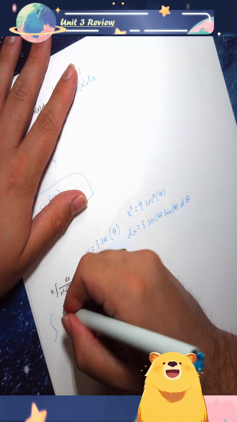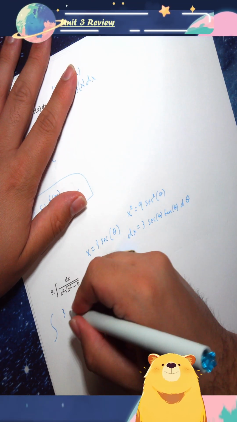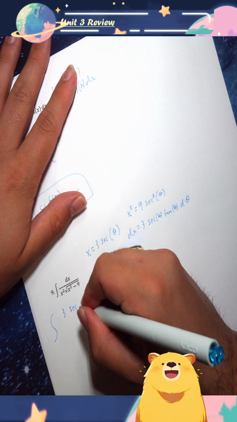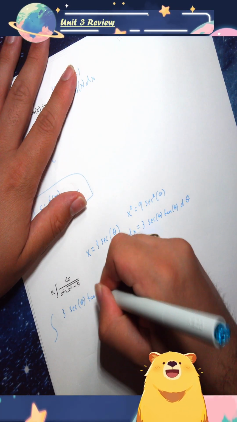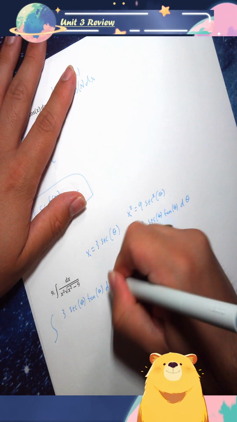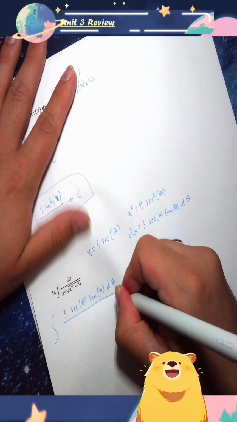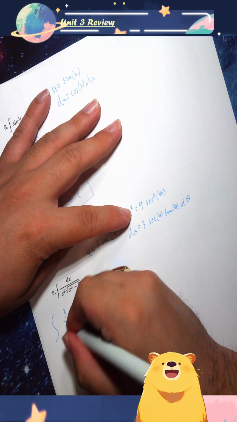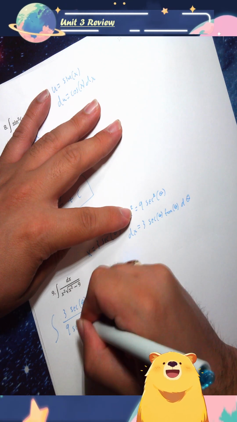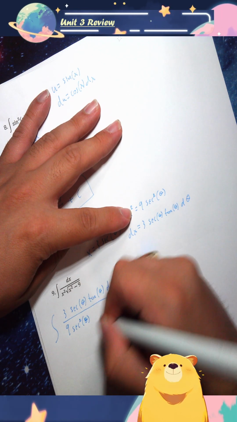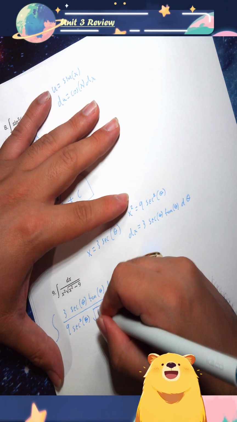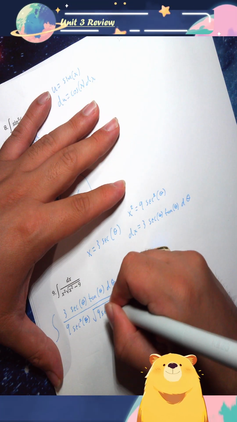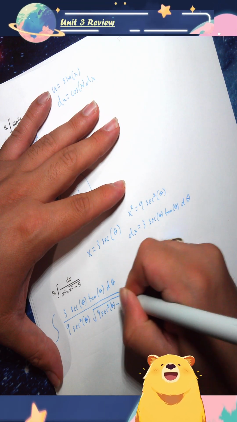We have on the top 3 times secant of theta, tangent of theta, d theta, over x squared, which is 9 secant squared of theta, and then the square root of 9 secant squared of theta minus 9.